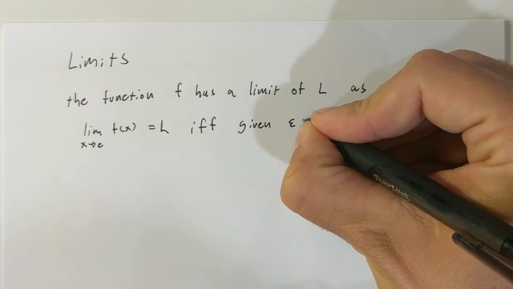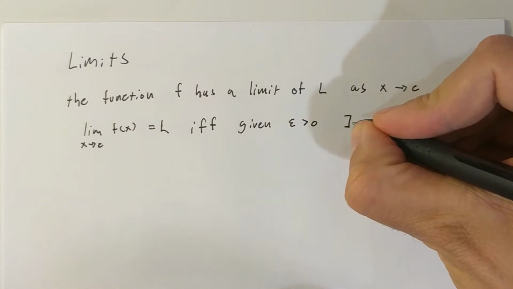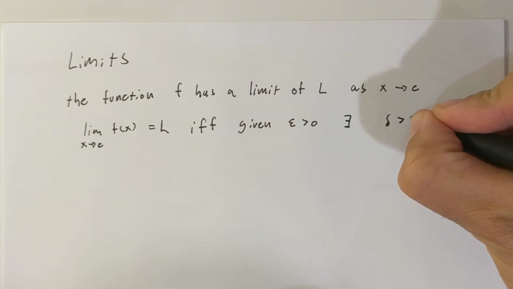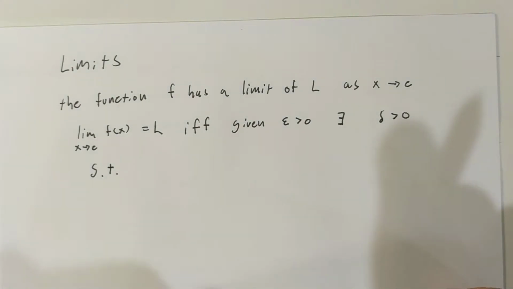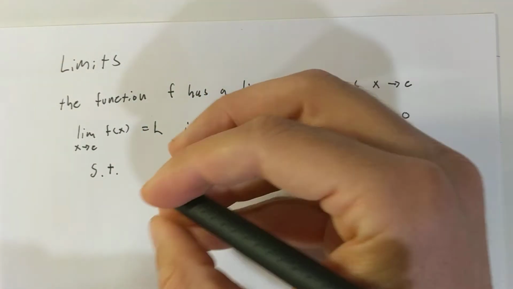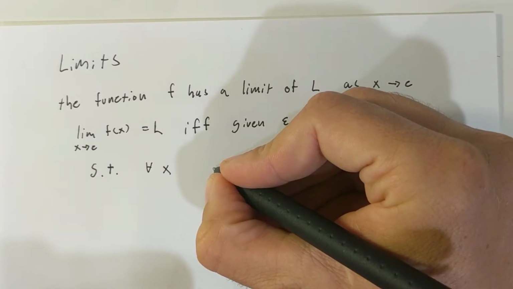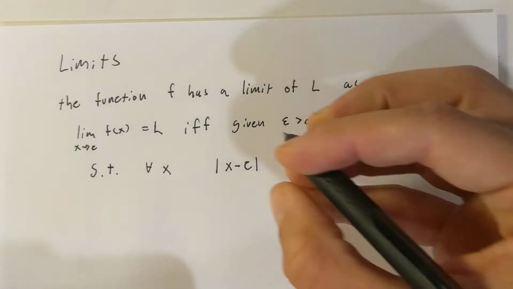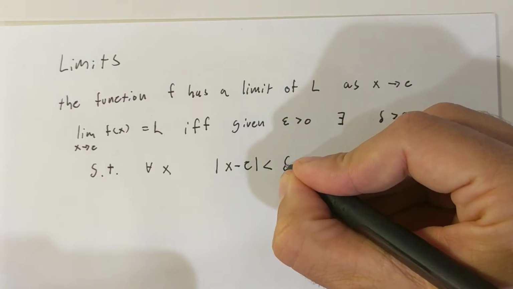Given epsilon greater than 0, so any number epsilon greater than 0, there exists a delta greater than 0 such that for all x, the absolute value of the difference between x and c, so it's got to be positive, is less than delta.